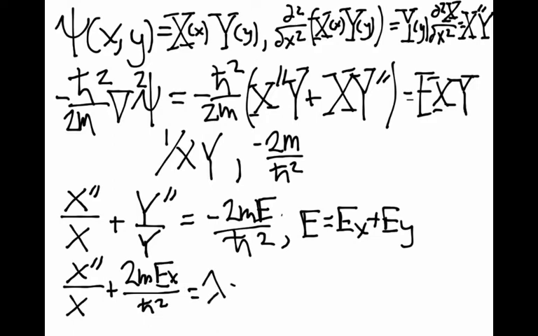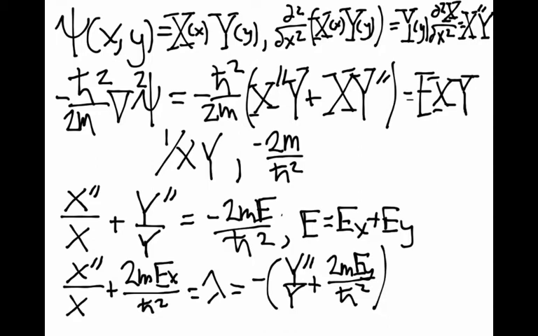I'm going to bring the energy associated with x over to the left-hand side, and I'm going to take the y derivatives over to the right-hand side. And so we get x double prime over x plus 2m e sub x, the x energy, if you will, divided by h bar squared, is equal to minus y double prime over y plus 2m e sub y over h bar squared.